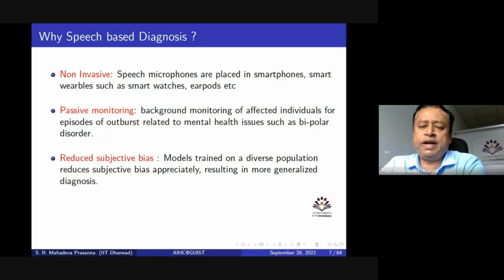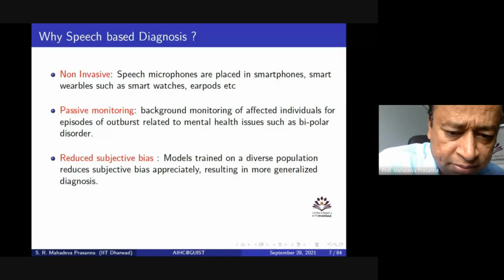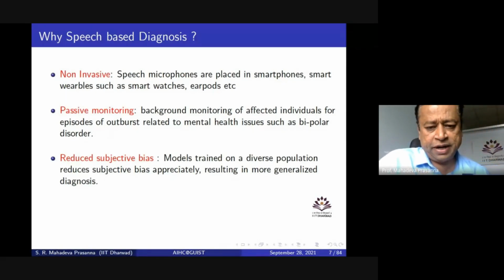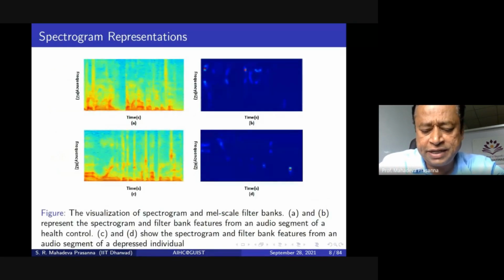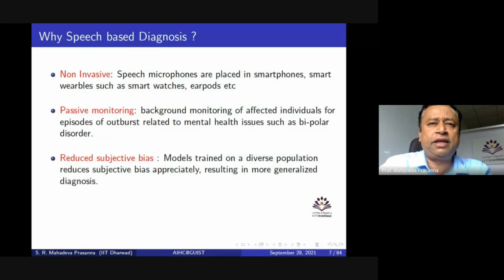Alternatively, if I train automatic models by machine learning or deep learning, by collecting speech data from a diverse population, the subjective bias may be limited. So in that way, it may result in an unbiased or a more generalized diagnosis. These are some of the important factors which favor using speech-based diagnosis, or making the speech signal a candidate for health analysis.